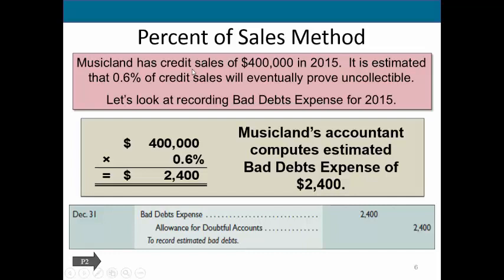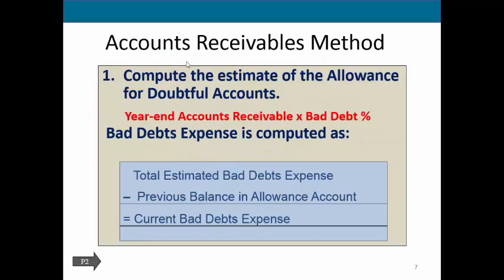Because don't make the mistake of applying this percentage to your total sales. Make sure you're only applying it to the portion of your sales that were actually credit sales, because you're not going to have bad debt if you've already gotten the cash. So this is only relevant to the credit sales, or the sales for which we got an account receivable.